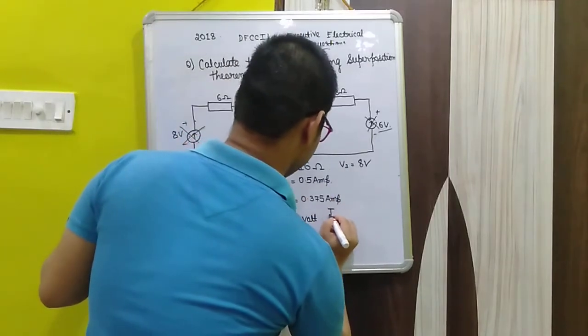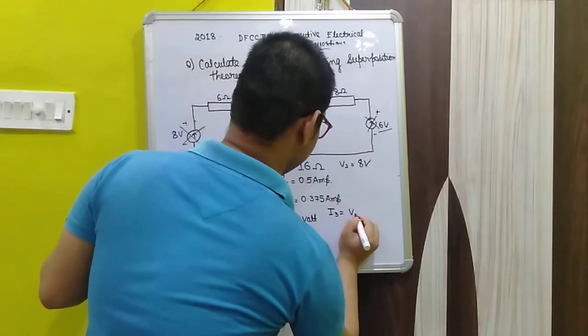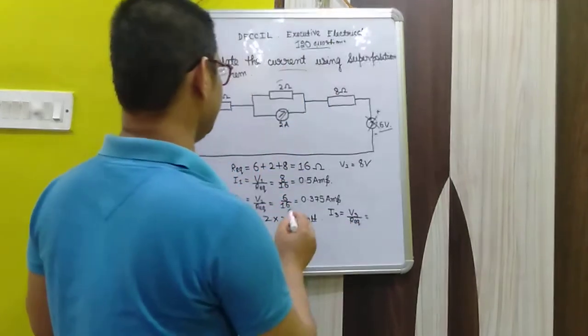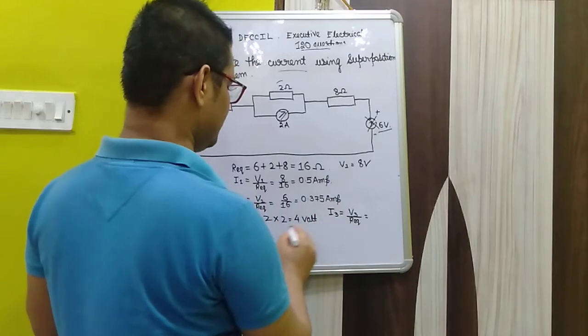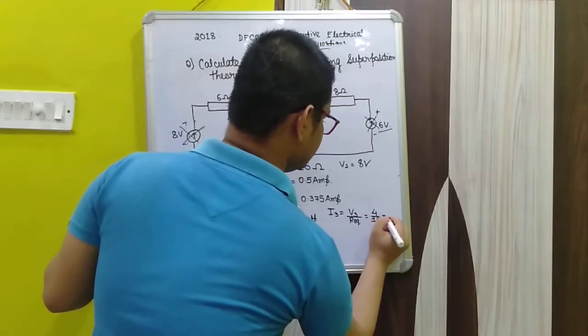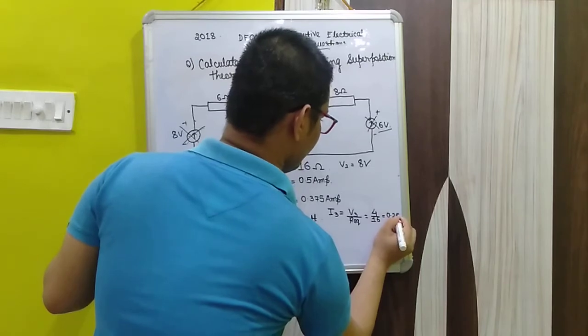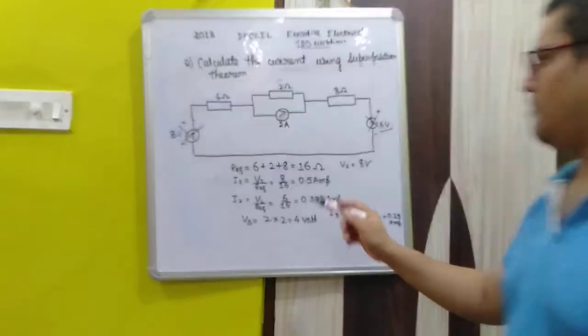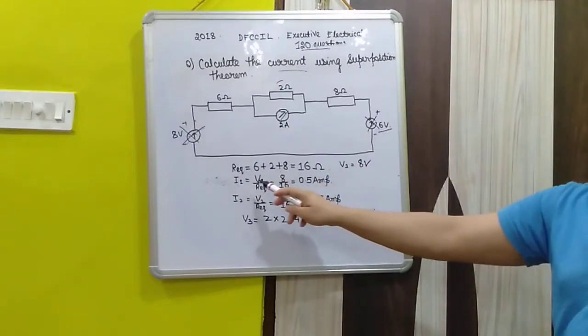I3 will be V3 by R equivalent, that is 4 by 16, which is 0.25 ampere.